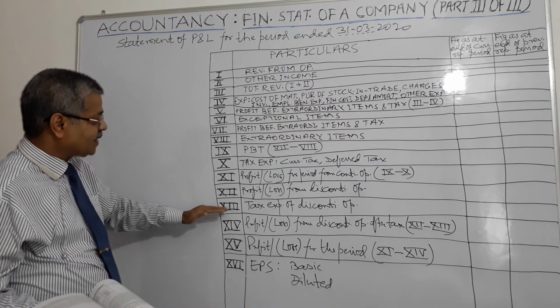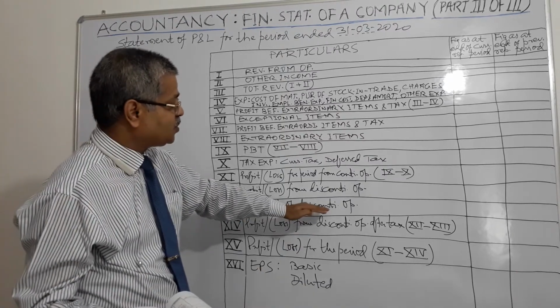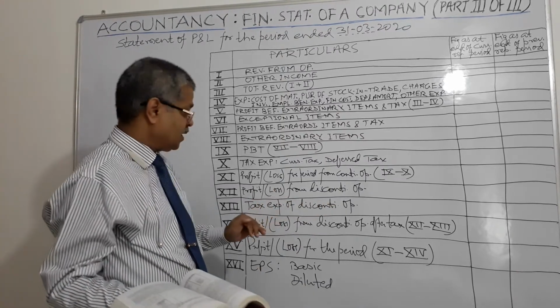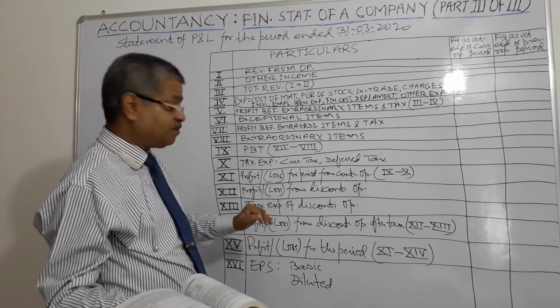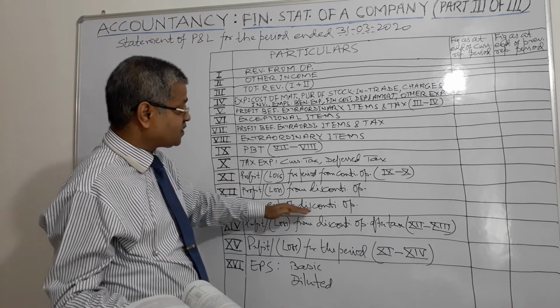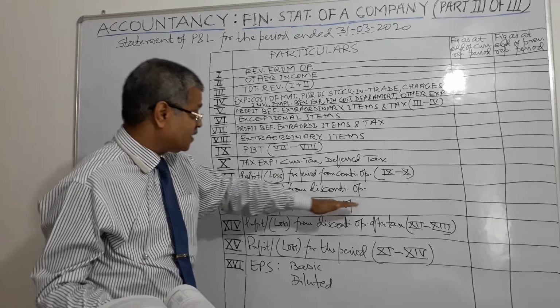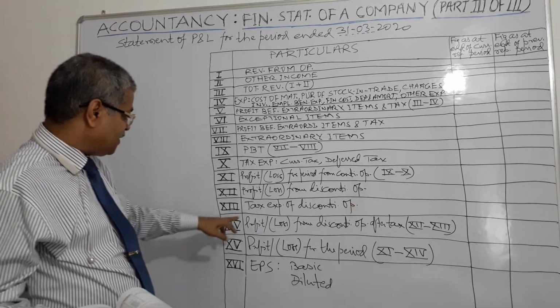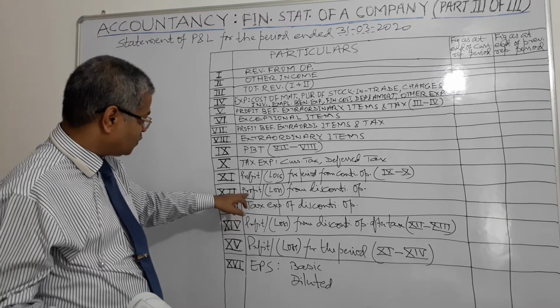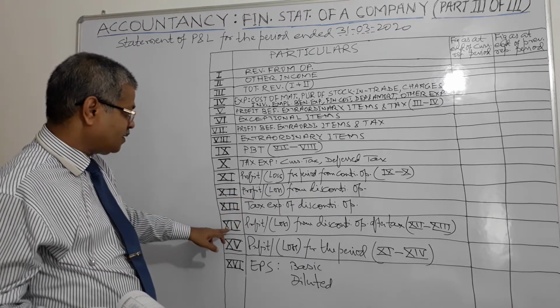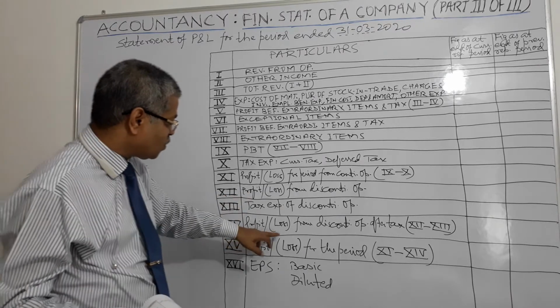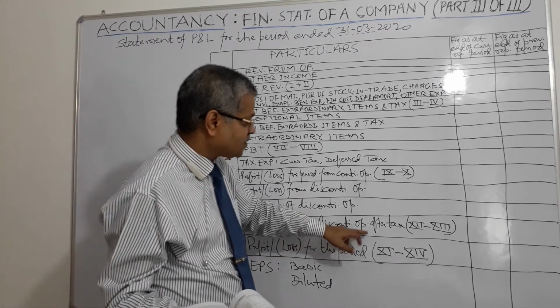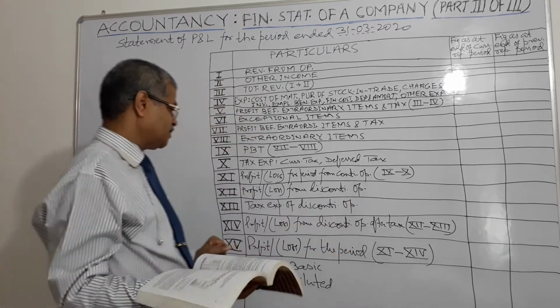Then tax expenses of discontinuing operations. If there are any tax implications on account of discontinuing of operations, that will come here. And then when you deduct 13 from 12, what do we get? Profit or loss from discontinuing operations after tax.